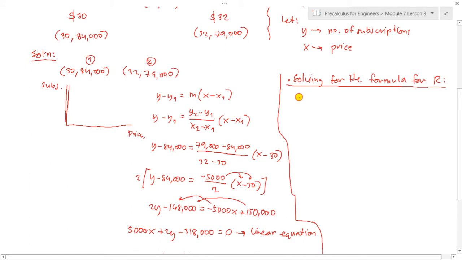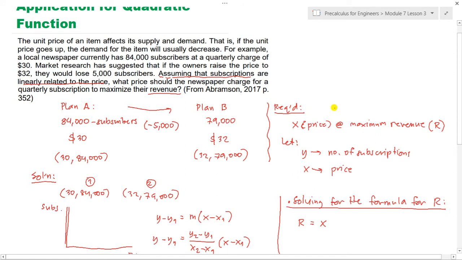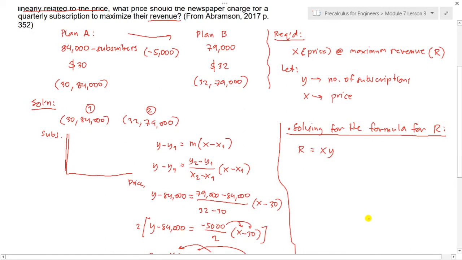Since revenue is defined as the total sales, let's just multiply the price x by the number of subscriptions. So we simply multiply x and y to get the revenue from our subscriptions.